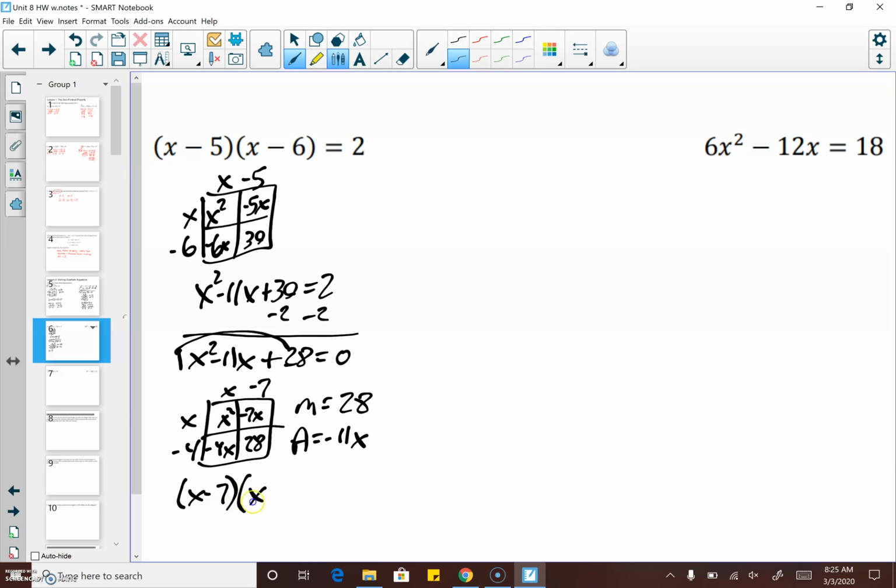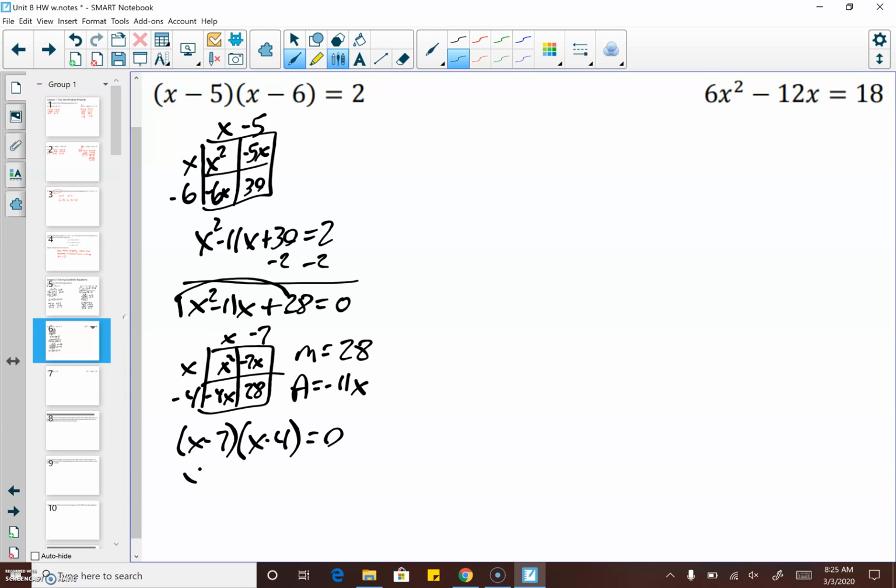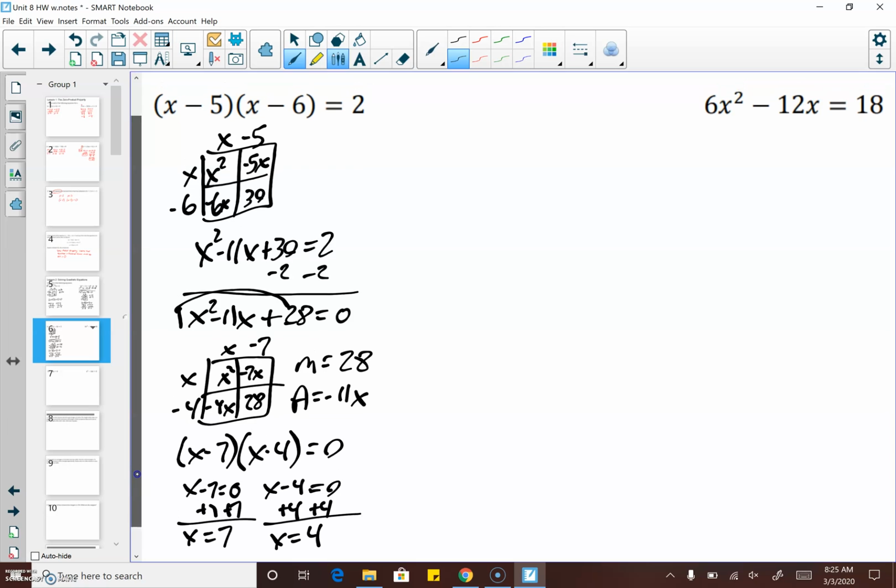So x minus 7, x minus 4 equals 0. Set each parenthesis equal to 0. In this case, instead of subtracting on both sides for both of them, we're going to end up adding. So that's going to give us x equals positive 7 and x equals positive 4.